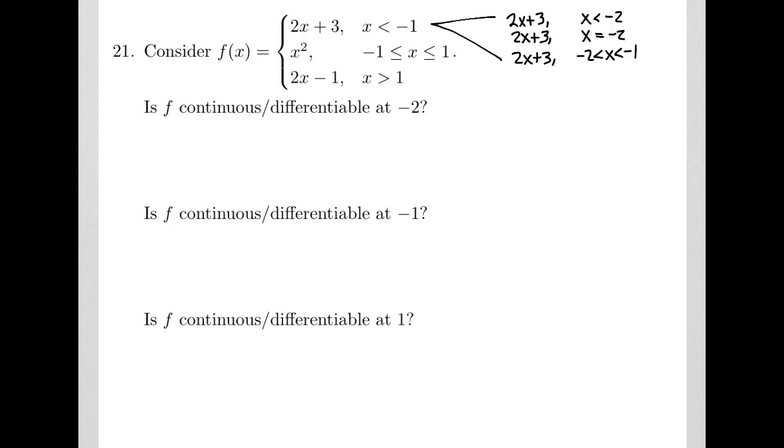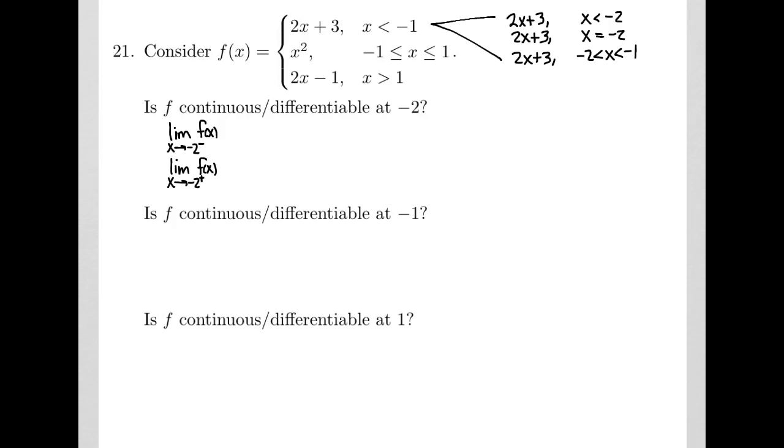So let's now test. Is the function continuous at -2? Well, continuity requires that I look at the limits from the left and from the right. Sorry, that's a -2. Let's make that look right. The limit as x approaches -2 from the left. The limit as x approaches -2 from the right.